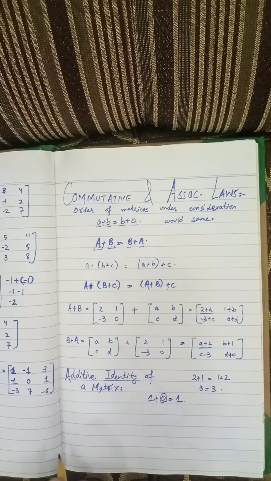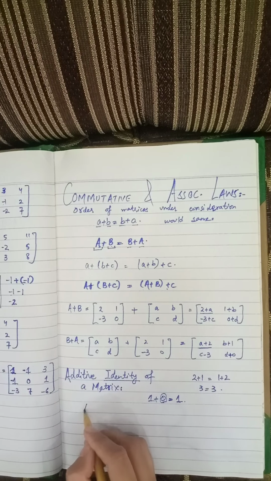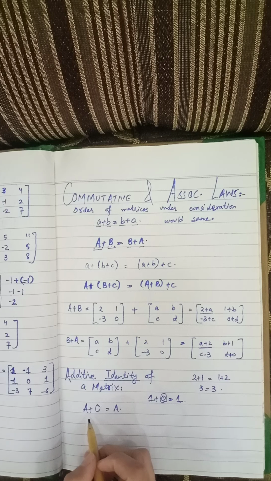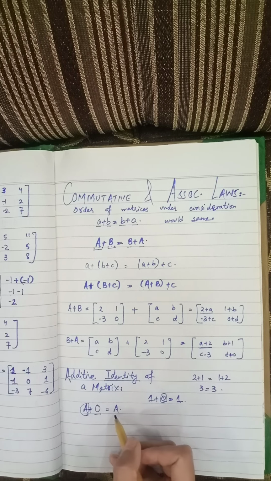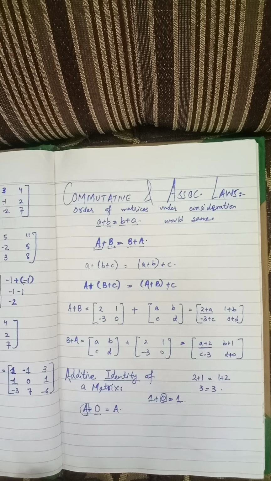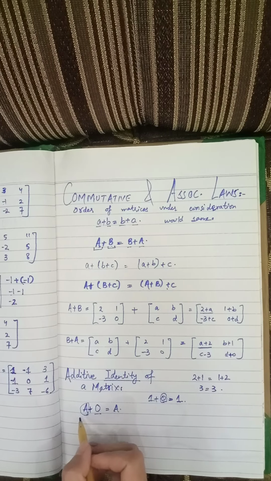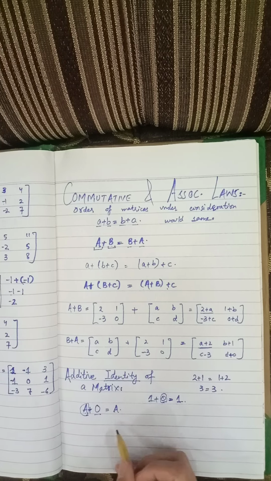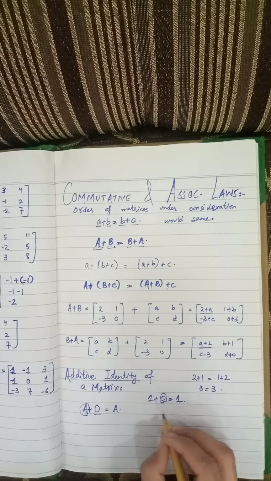Here, in the matrices case, A plus O is equal to A. If we take any matrix A and add it with a null matrix or zero matrix, then the answer would be A. कोई भी ऐसी चीज़, कोई भी ऐसा मैट्रिक्स जिसको आप ऐड करें पहले वाले के साथ और आंसर पहले वाला आए, तो वो आपकी आइडेंटिटी होगी, एडिटिव आइडेंटिटी.